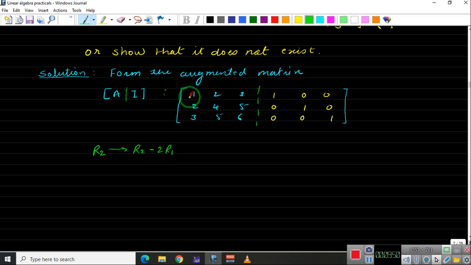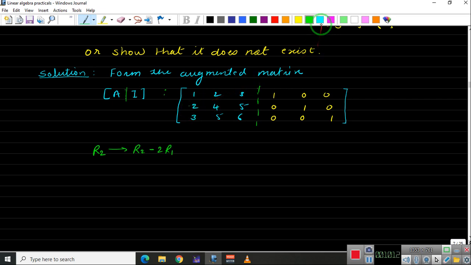Right? We already have 1 first. If this 1 is not there, somehow we will adjust it and make it 1 here. And as I said in the previous video, as far as possible, try to avoid fractions. Otherwise, again, you need some time to calculate the fractions. Okay, so by using this pivotal 1, we will make this 2 as 0.